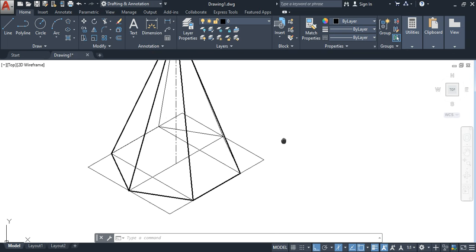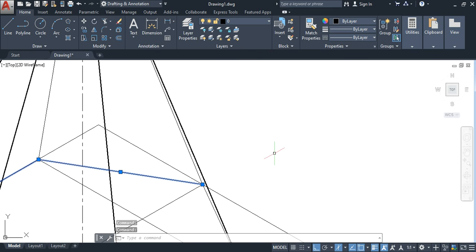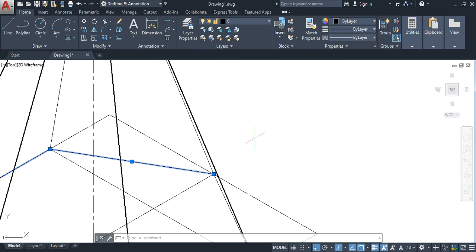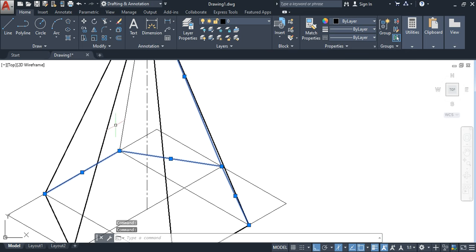And if you see the remaining lines on the hexagon and these triangular faces, this line in the hexagon, this line, and also the line from this, and this line also are not visible from this direction, and this line of the triangular face, and this line.